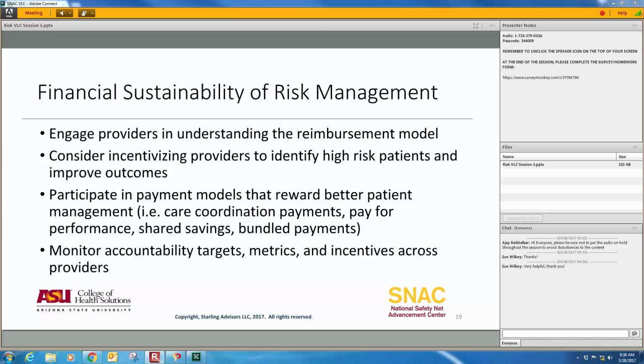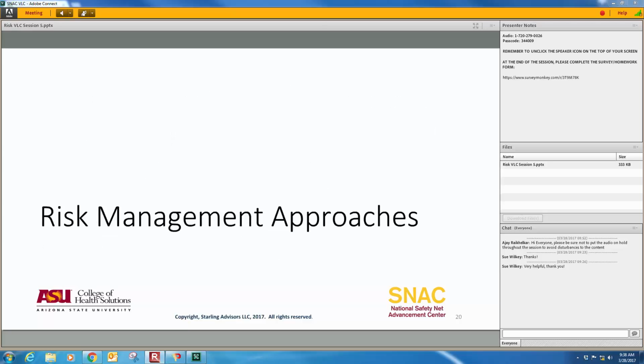And central to that is the ability of being able to really monitor your accountability targets, metrics, and incentives across providers. So really being able to look and benchmark how you're faring relative to what the payers expect, and what does that mean relative to the care models and the intervention models you've established.